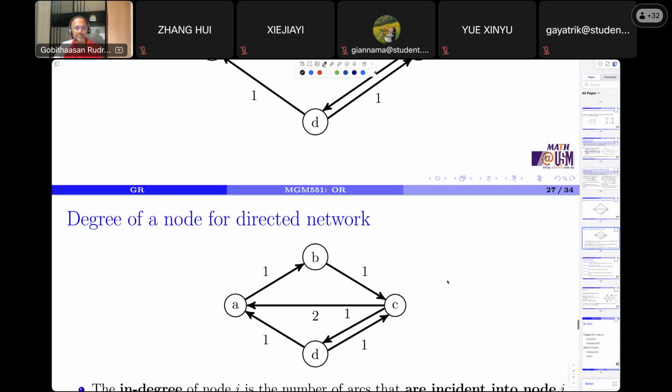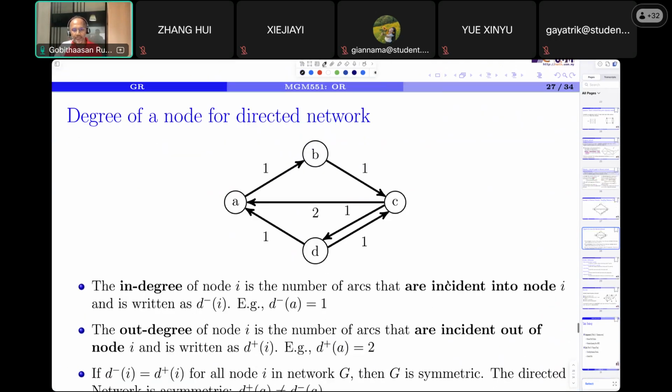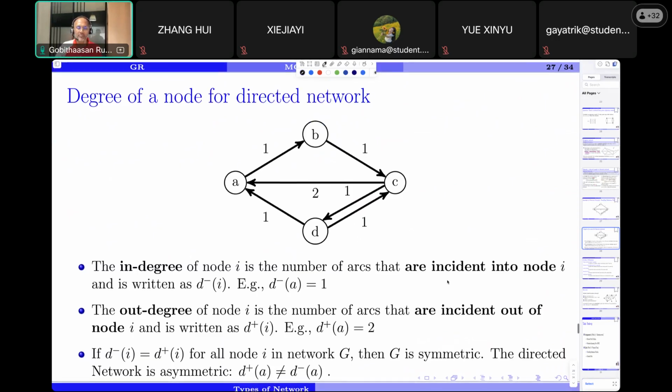Okay. All right. So of course, in a directed network, we would be able to get the degree information for each vertex, right? For example, the in degree. Now we have in degree and out degree. For a standard network without a direction, there's just one degree, right? Whereas for a network with direction, we have in degree and out degree, right?